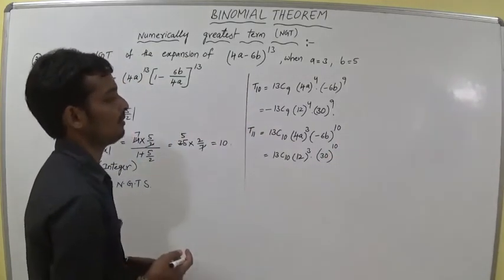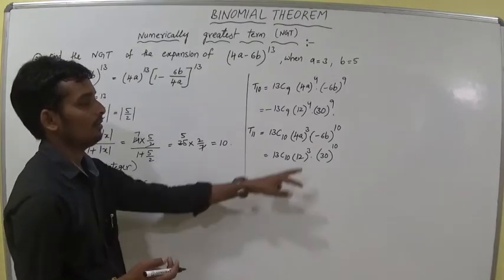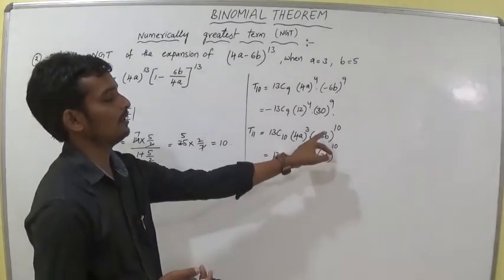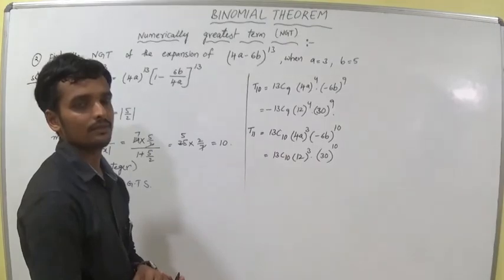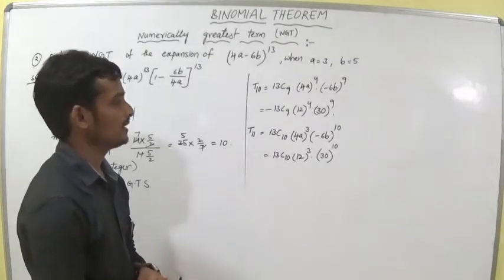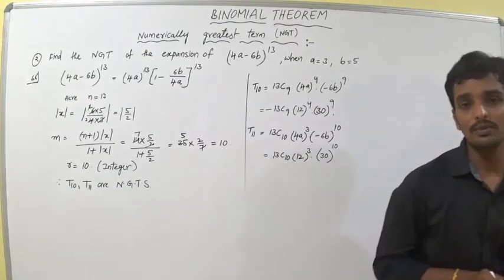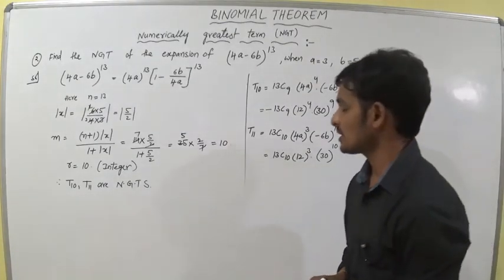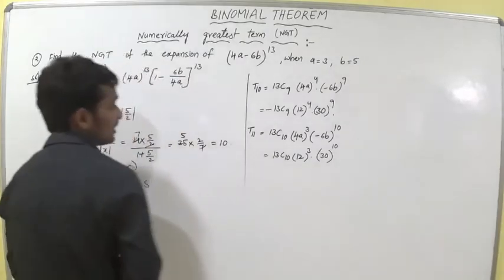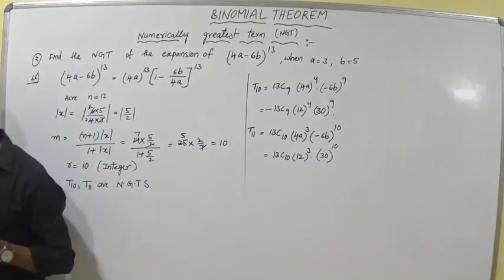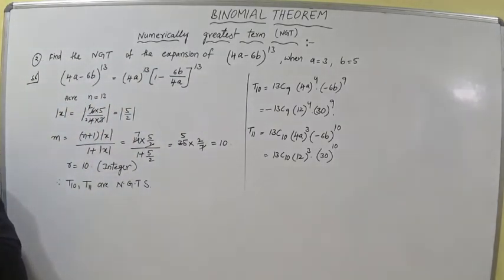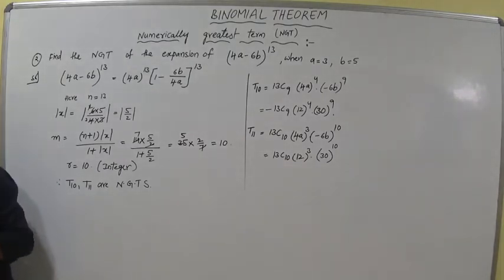Why? Because it is an even power of minus. So we are getting two numerically greatest terms: minus 13C9, 12 to the power of 4 into 30 power 9, and the second is 13C10, 12 cube into 30 power 10.